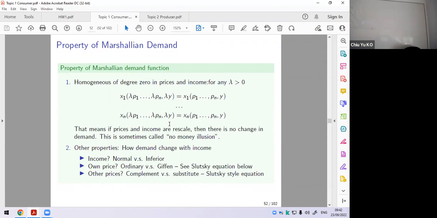That is a direct consequence of the FOC, because only the price ratio is important. And the relative income, the real income, is the main thing. There's nothing we can know more than that because demand is most complicated. If your income increases or decreases, it can change your consumption, and the same for price.